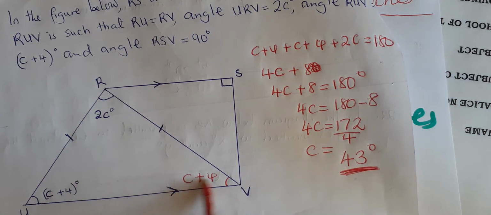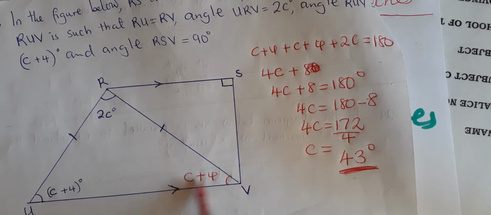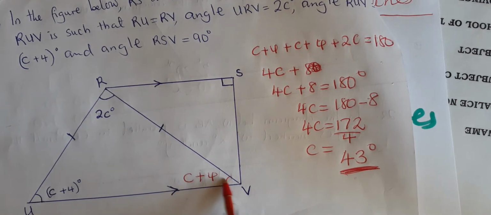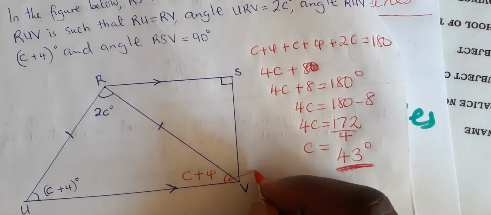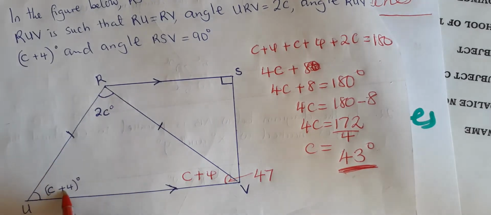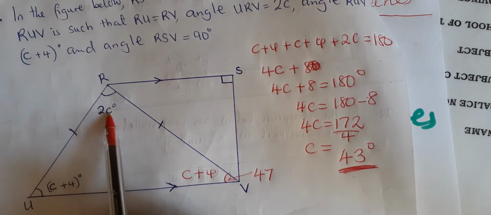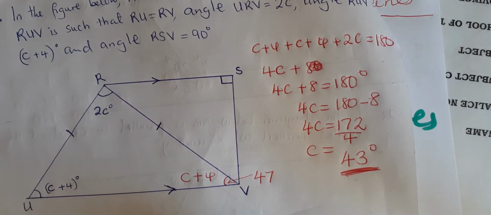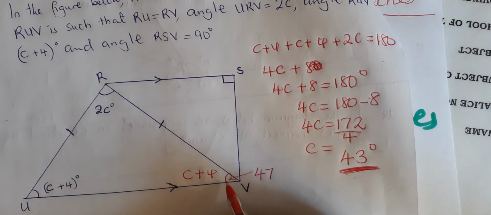So this angle here is 43 plus 4. What do we get? The actual angle here is 47. The same thing even here, this is 47. This one you multiply 2 by 43.